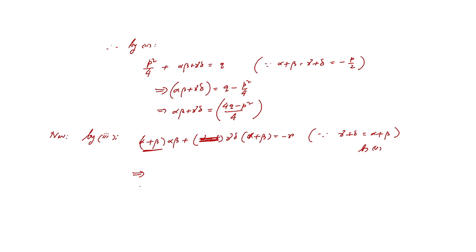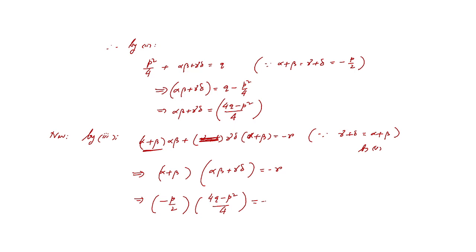So that implies if we take common alpha plus beta, that will be alpha beta plus gamma delta equals minus r. So what is the value of alpha plus beta? That is minus p by 2, and this value is 4q minus p square by 4. This will be minus r.